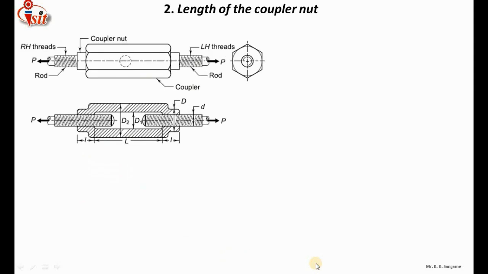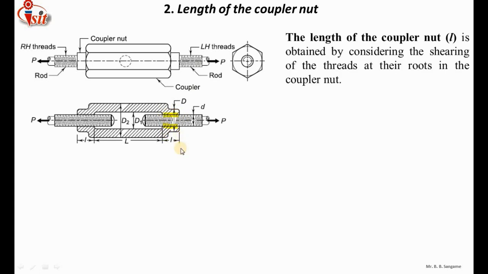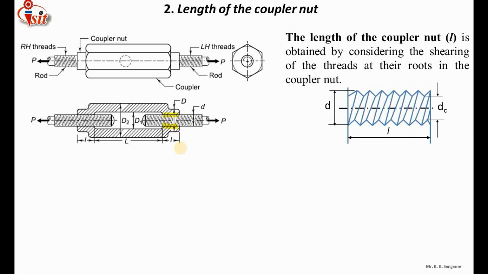Next is the length of the coupler nut. Here you can see the coupler nut, which has the threaded portion. While designing this threaded portion of the coupler nut, to calculate the length, I am going to consider the shearing of the threads when a force of magnitude P is applied.